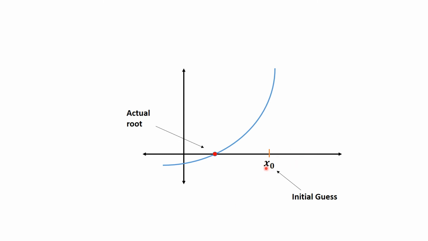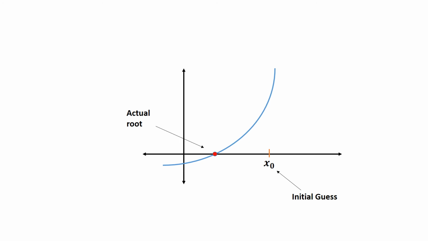I am using the same figure which I used for Newton's method, but later on I will change the words, where I will write it as the first initial guess, not the only initial guess, because we will use two initial guesses. So this is the point here.